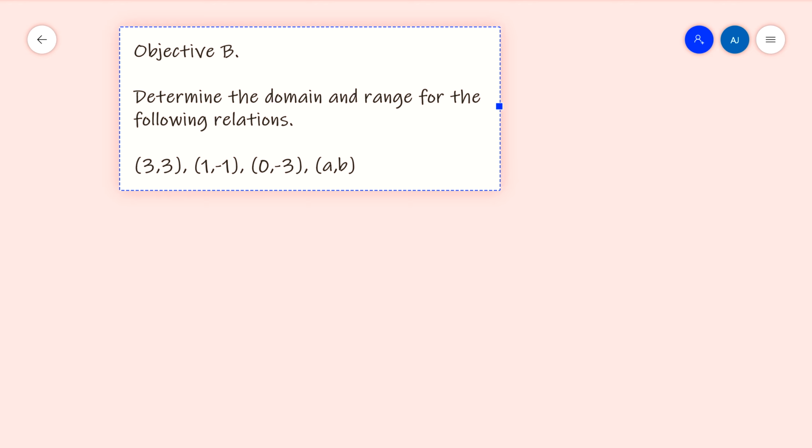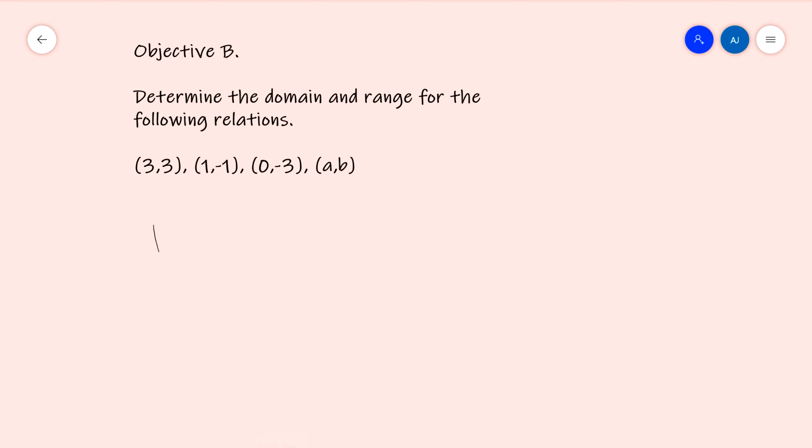Okay, here is another example using objective B. And that objective was to identify the domain and range of a function. So this is another example of it. Determine the domain and range for the following relations. The domain here is going to be all the x values, and I'm looking to make sure I don't have two of the same number.